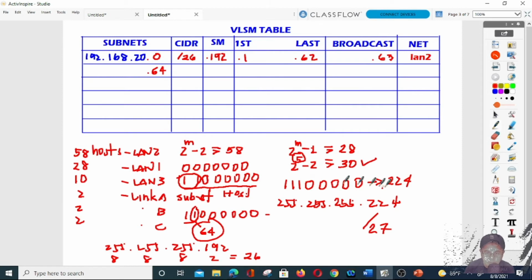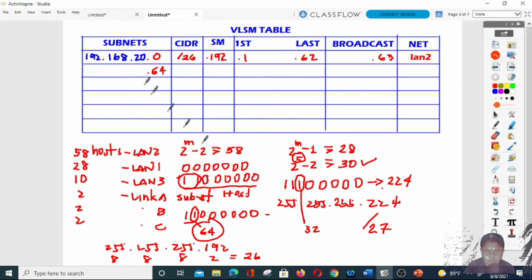Now, in this new subnet, what will be our increment? This is our increment, always the last bit, and this is 32. Our increment is 32. In order to get the next subnet, we increment by 32.